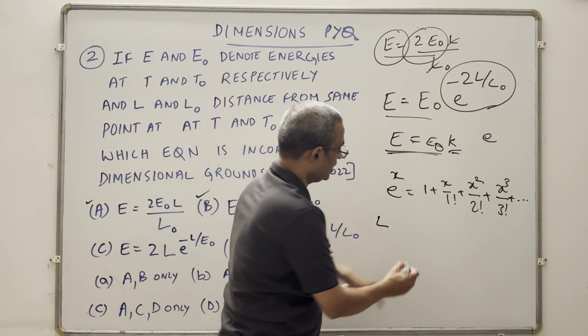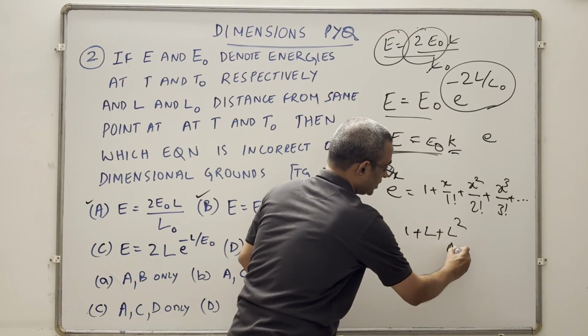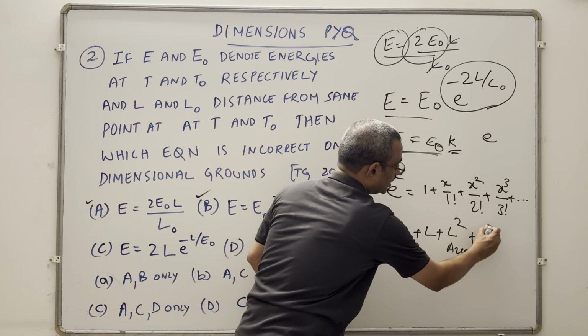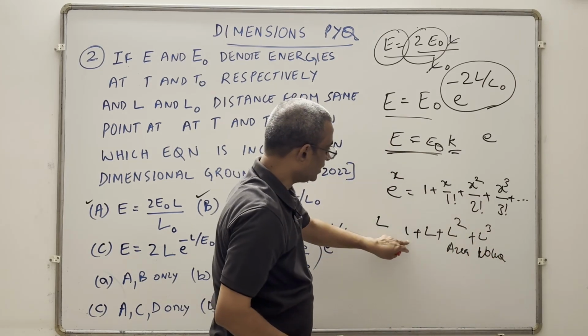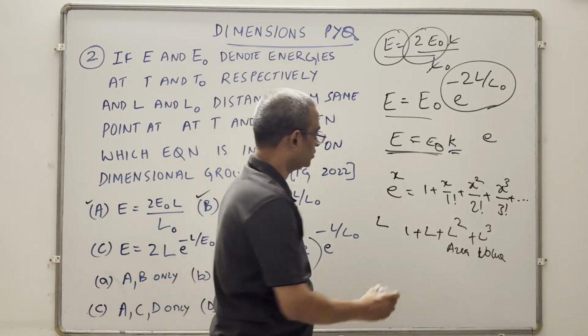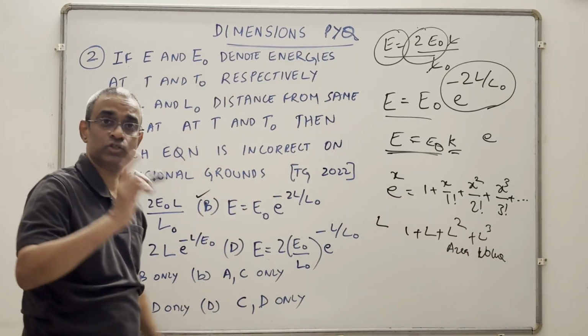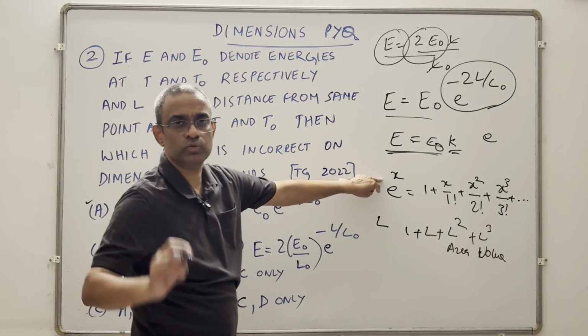Then we have 1 plus length square, which is area, plus length cube, which means volume. So we are adding 1 plus length plus area plus volume. We cannot add that, so that's incorrect. x has to be a number, only then e raised to something is valid.